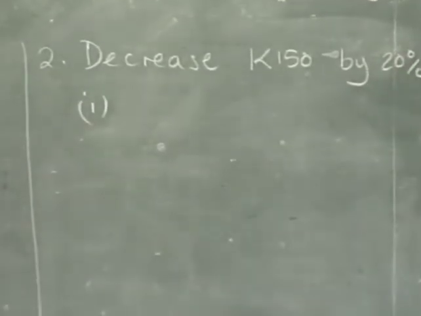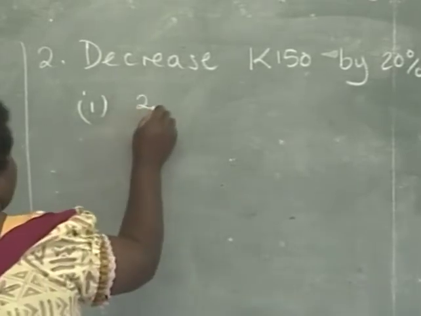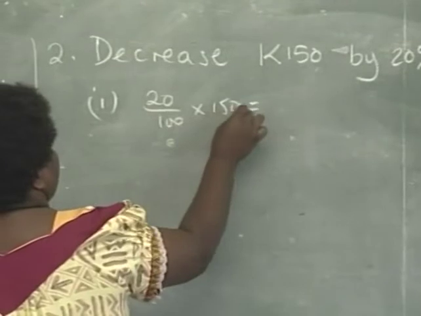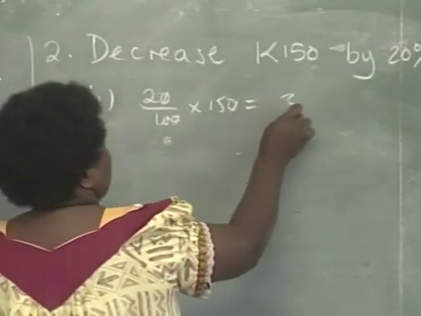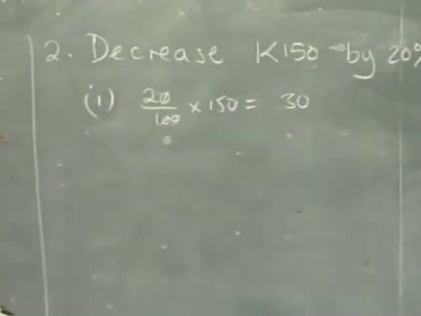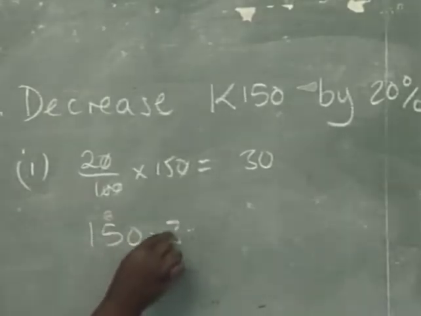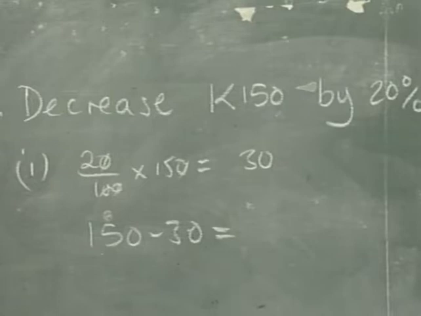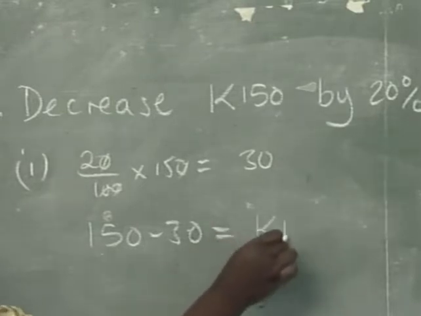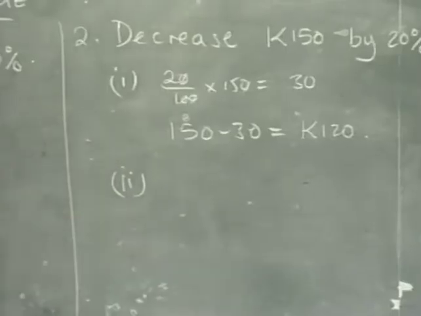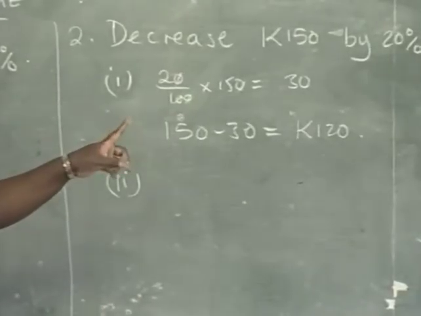Okay, like this, you get 20% of 150, which will give 30 kina, and then you decrease 150 kina by 30 kina by subtracting. So you get 150, take away 30 will be 120 kina. Or you decrease 100% by 20.